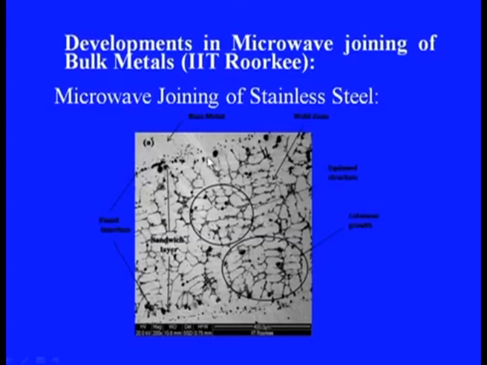In this figure, this is the powder layer in between which got melted during heating, and then on cooling got the structure something like this. Whereas, here we can see the relatively different microstructure, these are the base materials or the parent materials which are being joined. And upon comparison with TIG welding, we have found these joints to be almost equivalent as far as the strength is concerned.